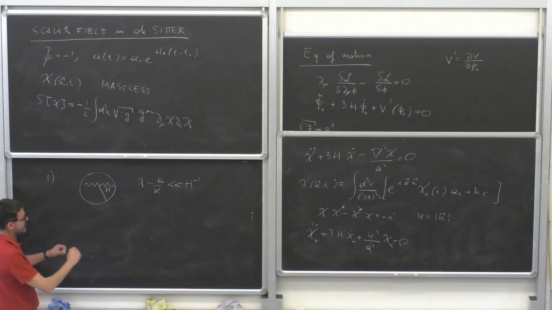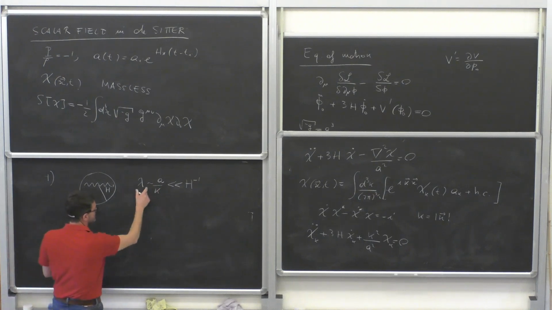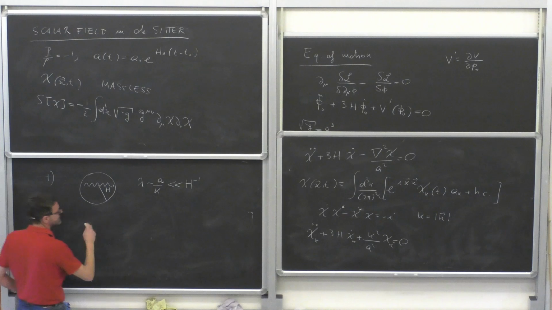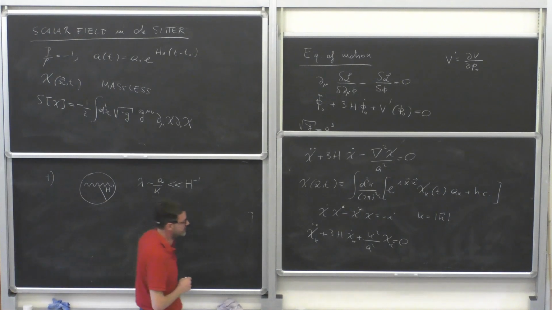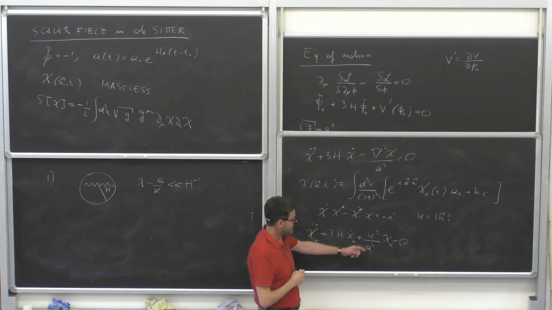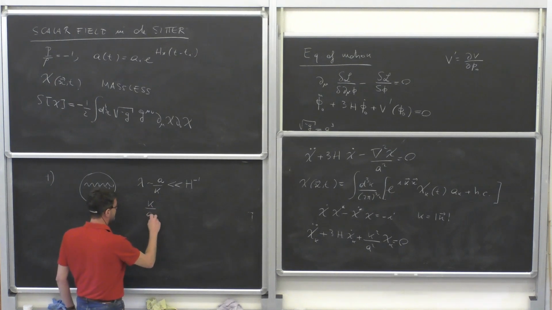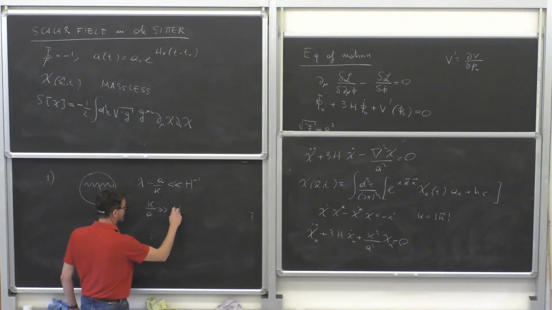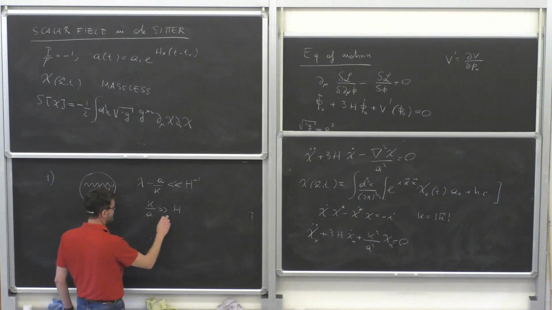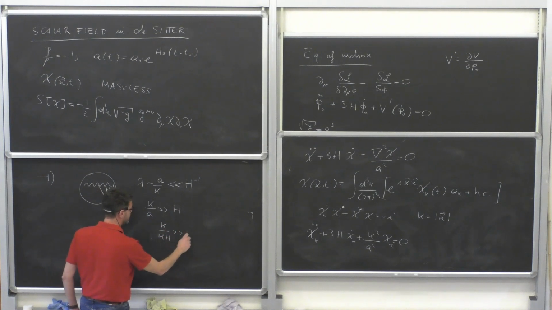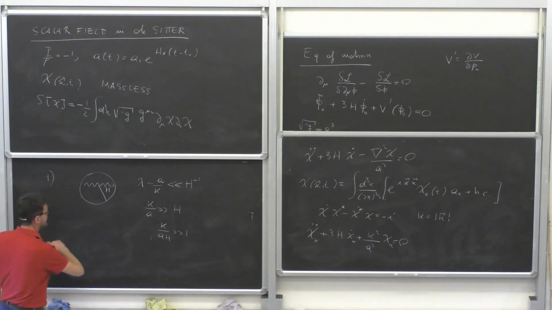Because when inflation starts, a is very small, so the wavelengths will be inside the Hubble radius as a kind of initial condition. And in this case, if you look at the equation of motion, since k over a is much larger than H, therefore k over aH is much larger than unity. So I am physically in this condition.